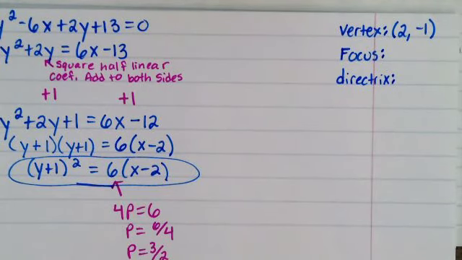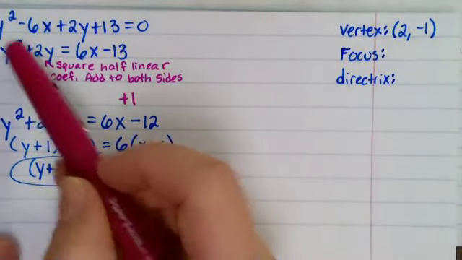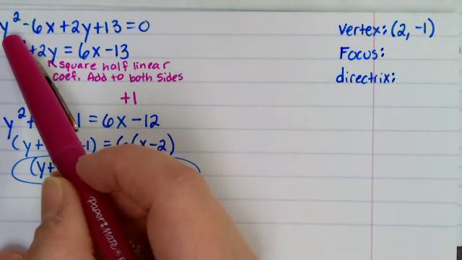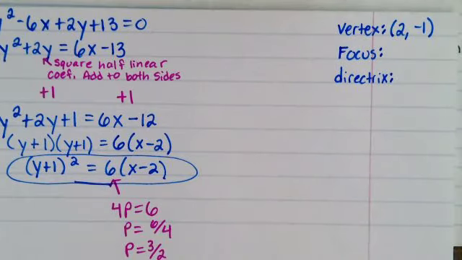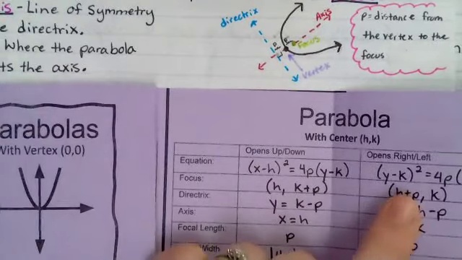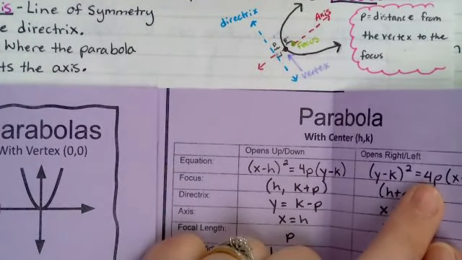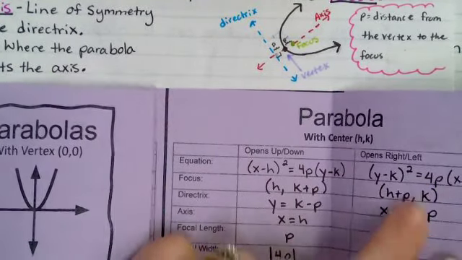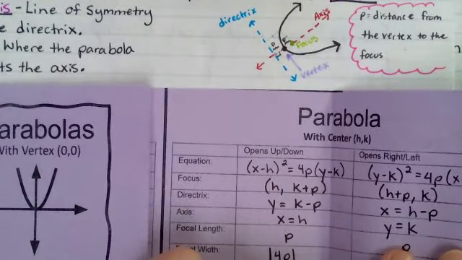So in order to get the focus, I want us to remember what we're supposed to do here. This is opening sideways, right? And we have our vertex not at the origin. So knowing where to look in my equations is key. We're opening sideways, and our vertex is not at the origin, so we're using all of these equations on that far right.